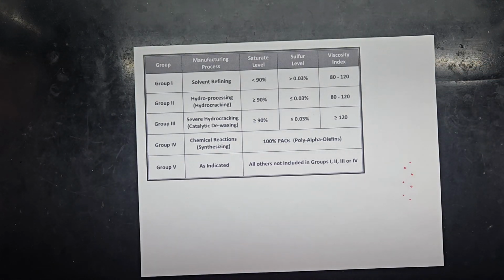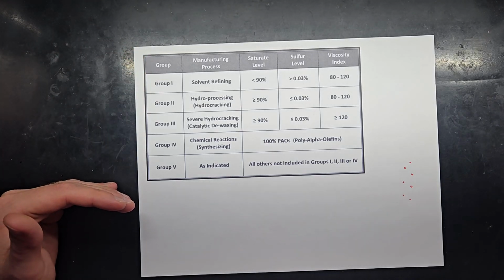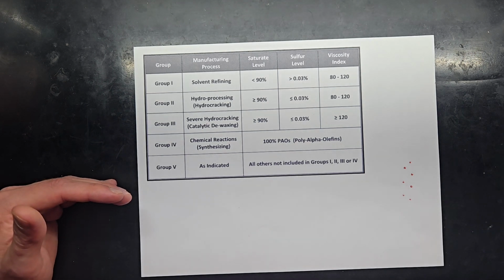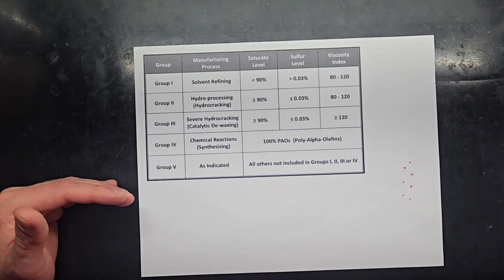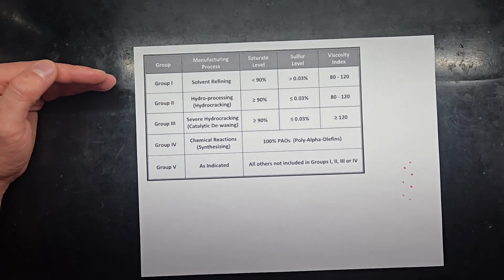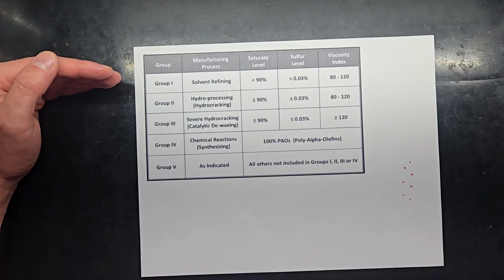So thinking about these 5 groups and how they differentiate each other, one way to think about it is how they've come about through time. Our group 1s were developed first because the refining process for the crude oil was cruder, pun intended.